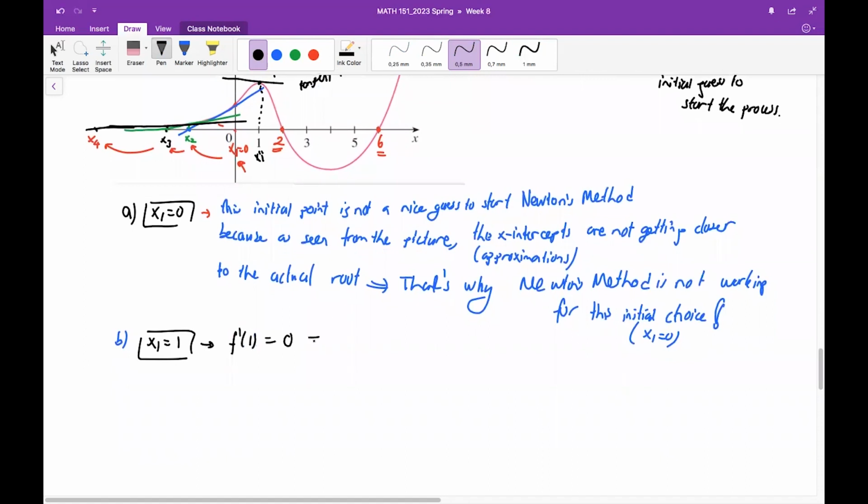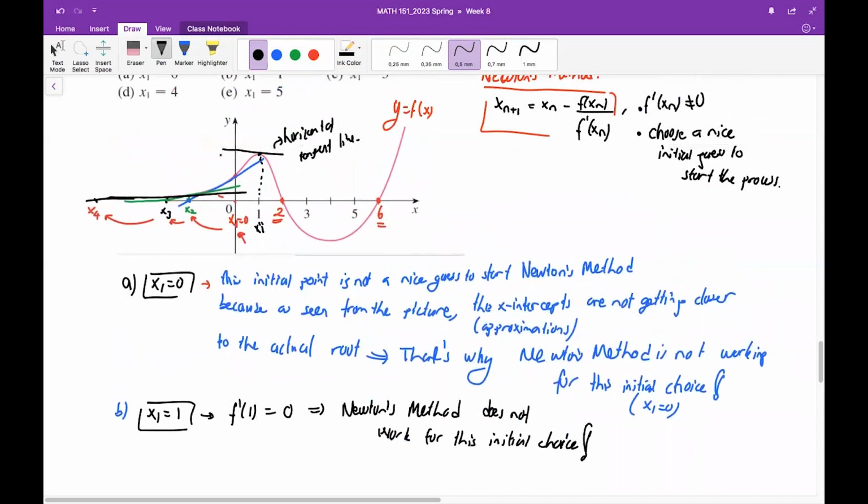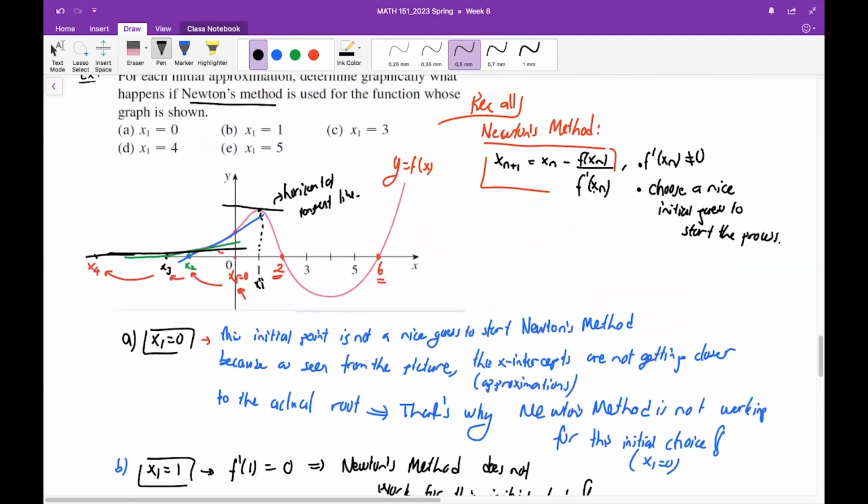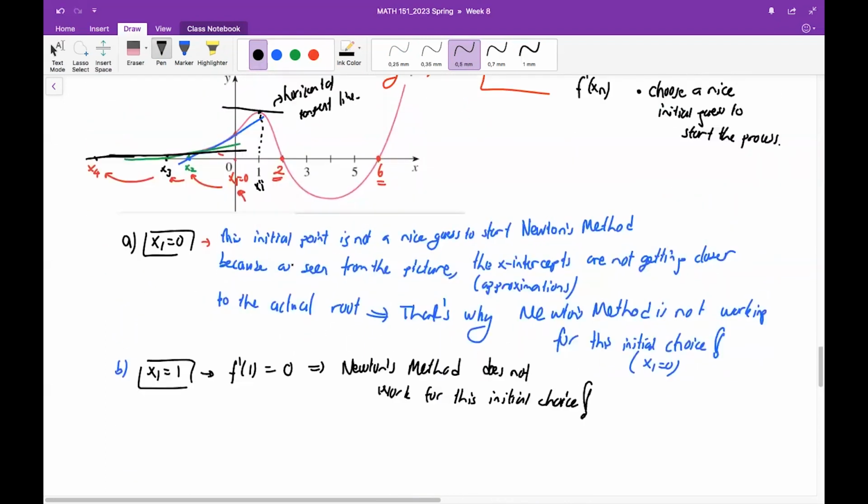Since this happens, Newton's method again does not work for this initial choice too. Because if the tangent line is horizontal there, the first derivative at that point is 0, then the denominator becomes 0, which makes the process undefined. Okay, let's try the next one.